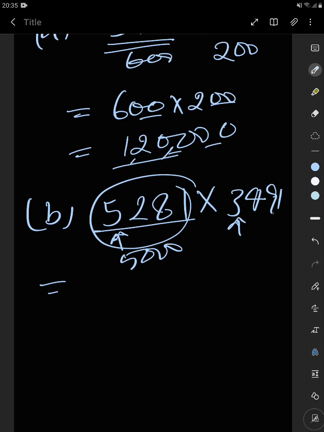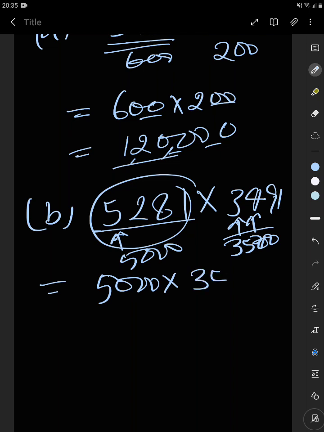But if we take 3,000, then the difference of the multiplication will be very large. So we cannot take this as 3,000, but instead we will round to its hundreds and take 3,500, and this will be 5,000 multiplied by 3,500.